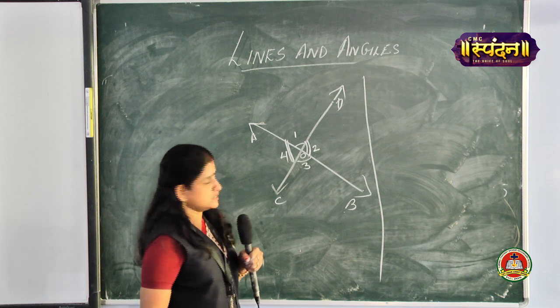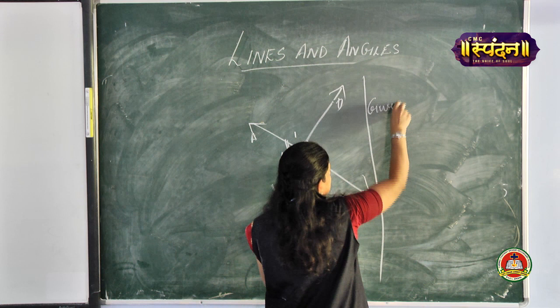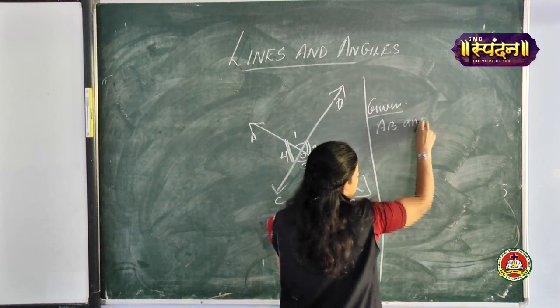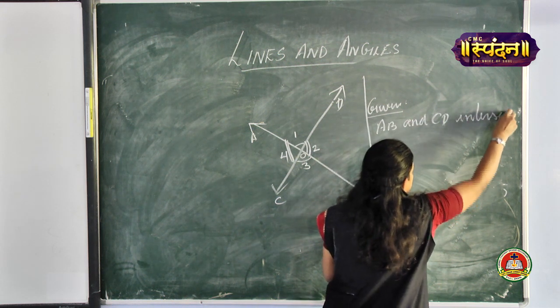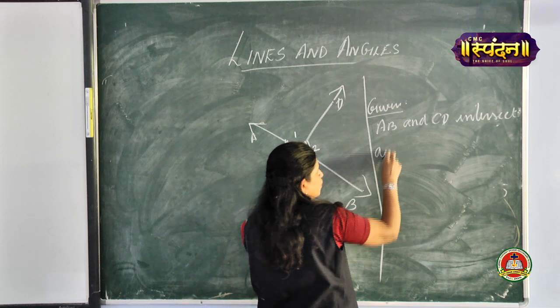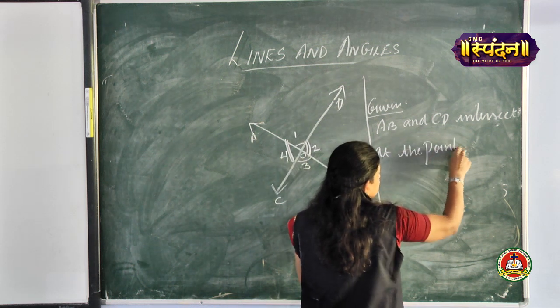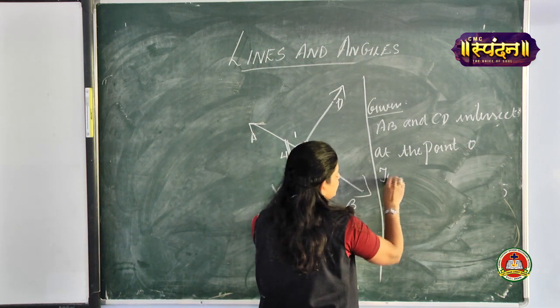So, how to prove this? Let me explain. First, you write Given: AB and CD intersect at the point O. Yes, this is what is given to you. Now, you have to prove.